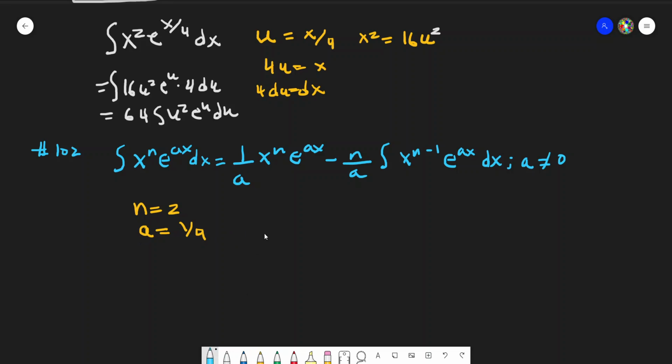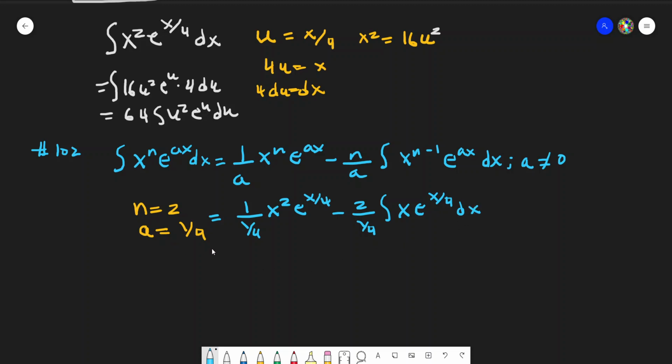So that means that our integral is going to be equal to 1 over 1/4, then we have x to the second power, and e to the x over 4, and then minus, okay, so we have the power 2, so that's going to be 2 divided by 1/4, and then the integral of x e to the x over 4 dx.